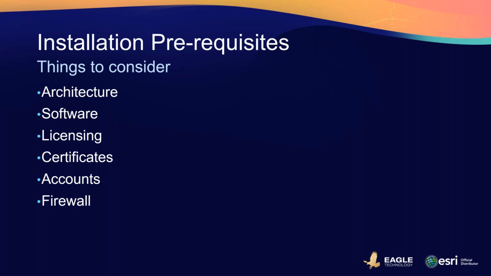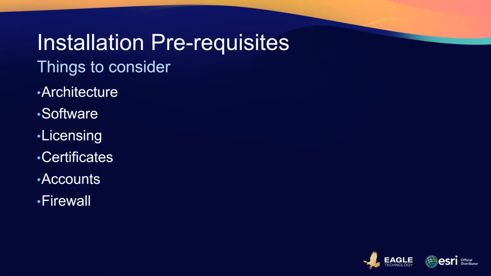Tom's going to go into more detail with architecture later on in the webinar, but essentially there are different ways that we can deploy, whether it's a single machine deployment or a multi-machine deployment, and the hardware that you'll need for these, depending on what you choose.